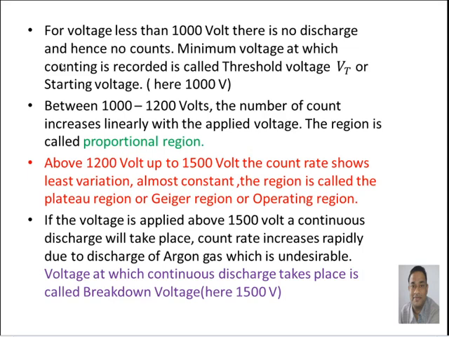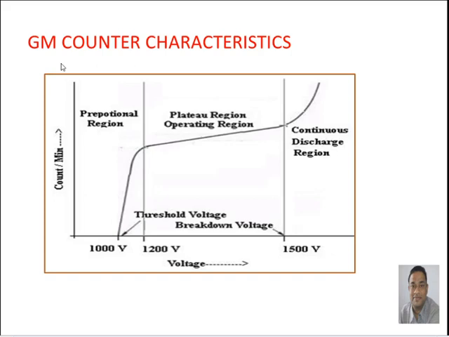Now, when the voltage is further increased between 1000 volts and 1200 volts, the count increases linearly with the applied voltage. This portion of the graph, where the count is directly proportional to the applied voltage, there is a linear relationship. It is called the proportional region.